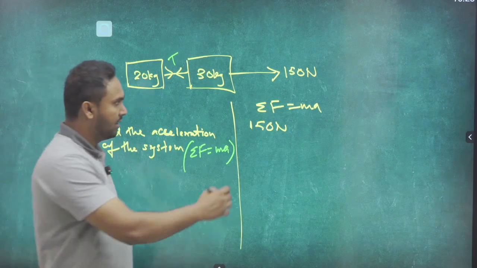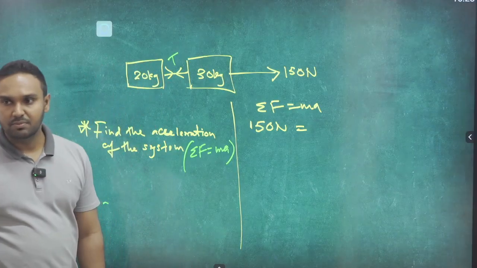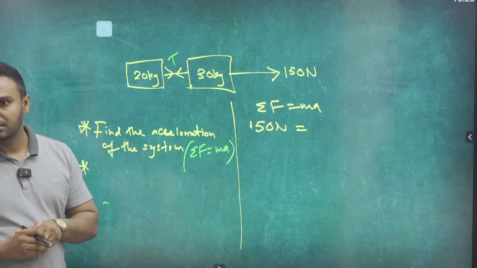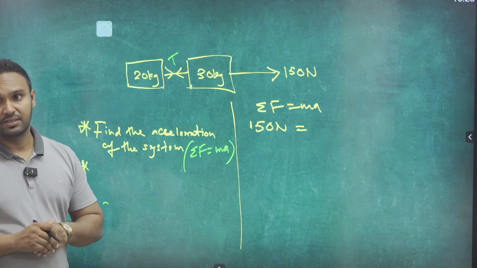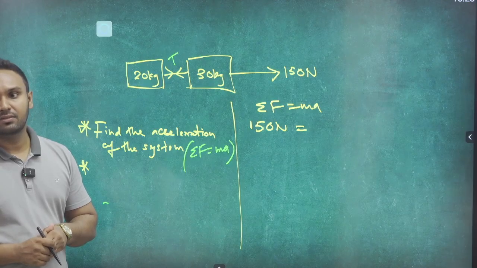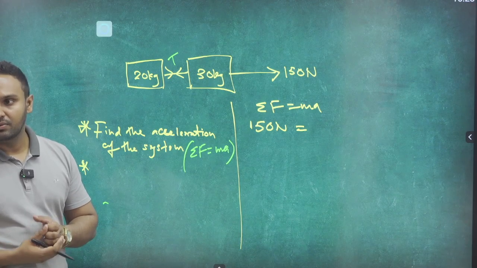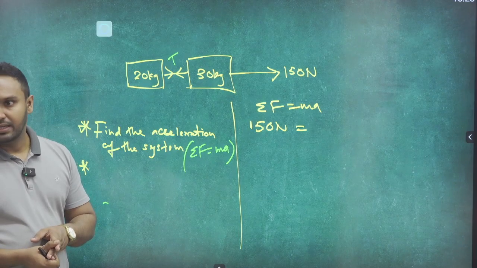Get it? And the whole system is moving, so the whole mass of the system is affecting the acceleration, right? The first day I told you, the acceleration of an object is affected by the resultant force and the complete mass of it, right? So here it's the same.